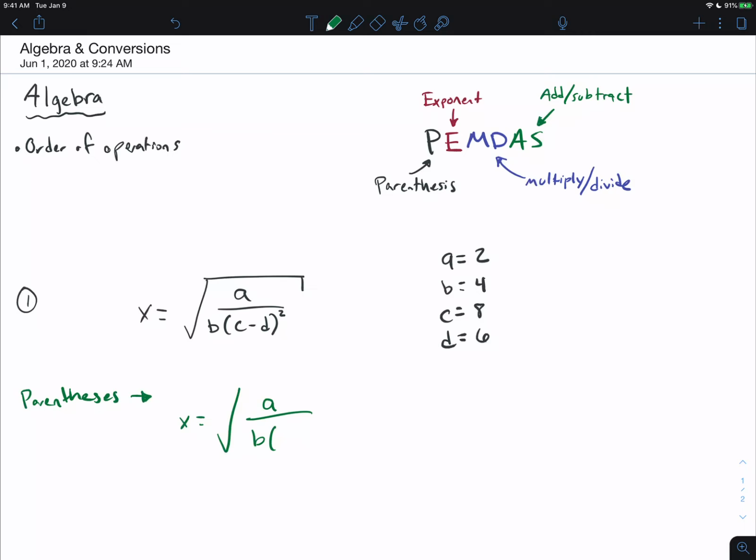What I want to do is I want to pull this out. So I have c minus d, and I want to figure out what that is. For us, that's 8 minus 6. This is 8 minus 6. And if we put that into our calculators right here, this is 2, right? 8 minus 6 is 2. So now I'm just going to replace this with the 2, leave everything else exactly the same, right?